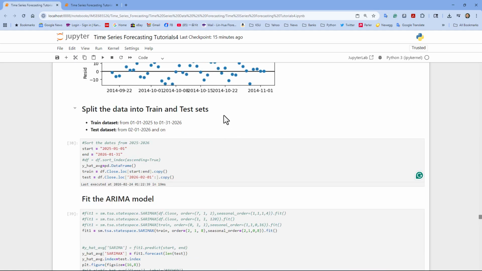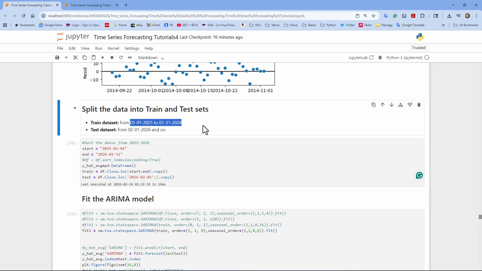For the sake of ease of presentation, I'm going to use only one year's worth of data from 2025 all the way to the end of January 2026 as the training data to build a model. And I'm going to use the rest of the data set from February 1st all the way to 21st as the validation so we can forecast that.